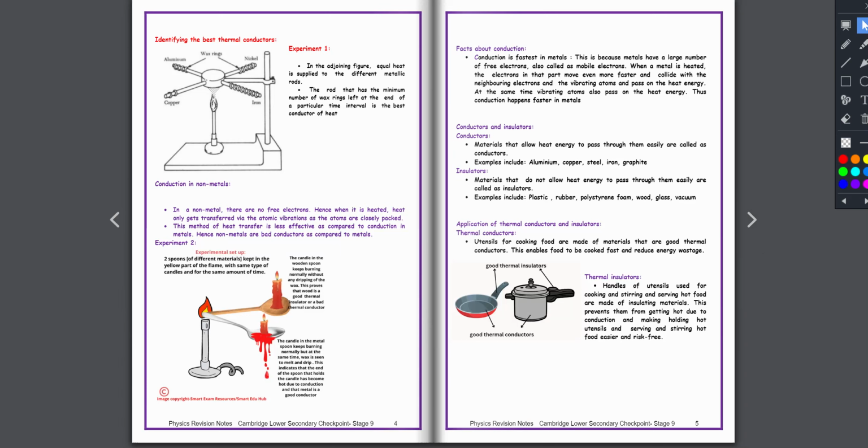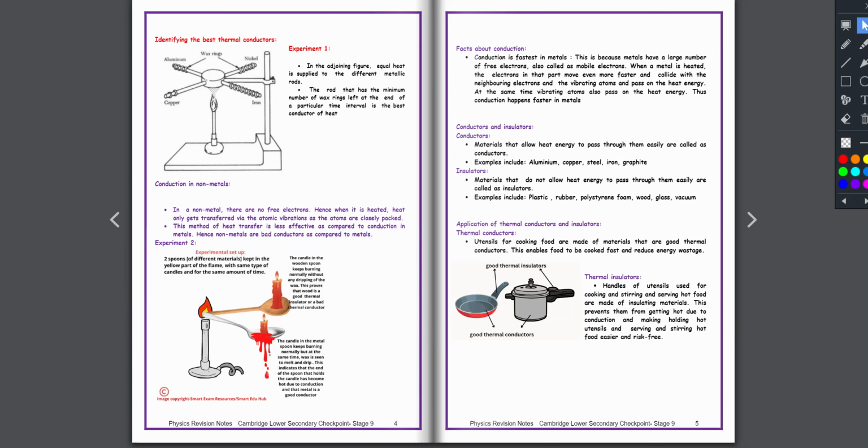Technically, I would like to make a small correction here. Since it is specifically talking about conduction in metals, you need to talk about vibration of the ions, okay? Because you know that the atoms have left the electrons, so the ions are going to vibrate in their places. And for non-metals, obviously, you can use the word atomic vibrations.